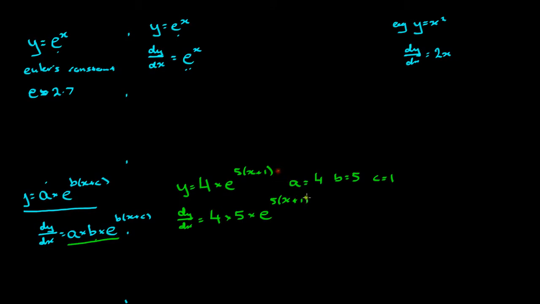So as you can see, what e is being put to the power of has not changed. So that comes to 20 e to the power of 5x plus 1.